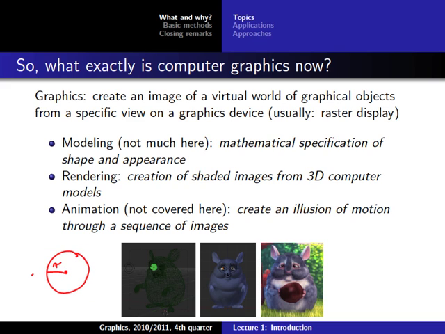By just two numbers, a radius and the position of the center of the circle, you can uniquely define a circle in your three-dimensional world. Whereas if you operate on the pixel level, you need to store every single pixel that is on this circle.